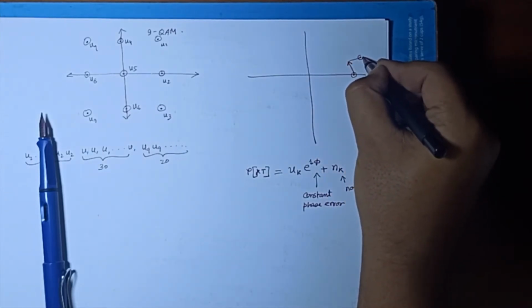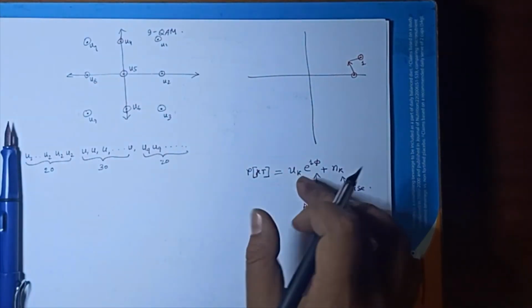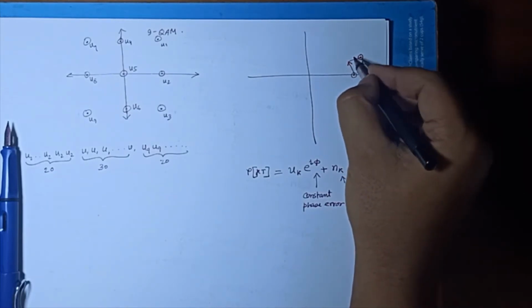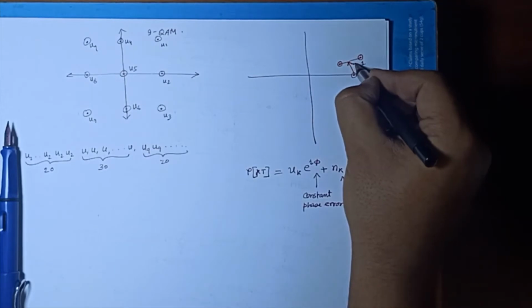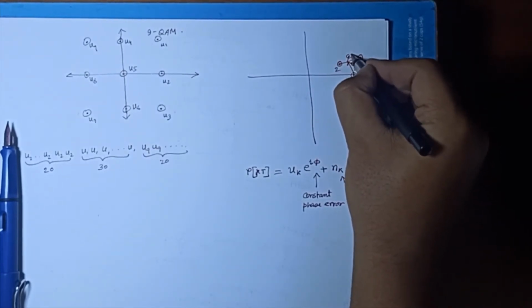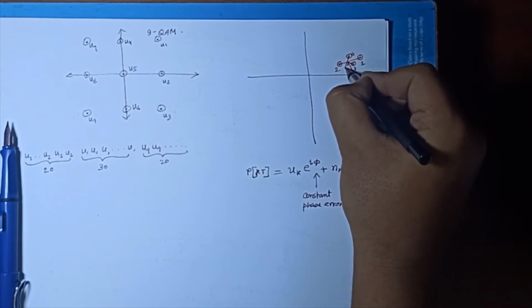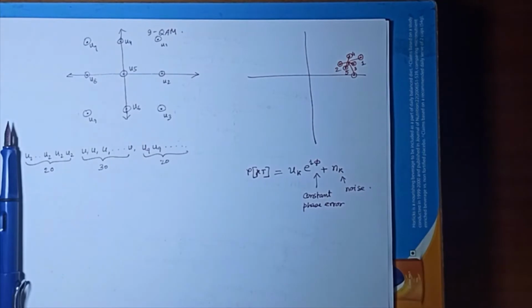The first symbol is arriving here, say this is R1. The second symbol is again U2, the same, but then the noise is something else. So this is 2, this is 3, this is 4. You are getting the clue, right, where I am leading to. This is 5. This is a complex noise.